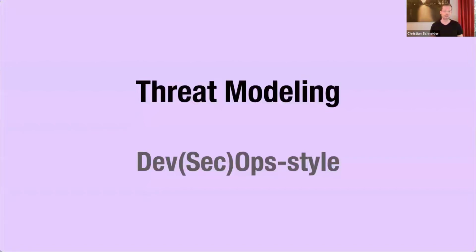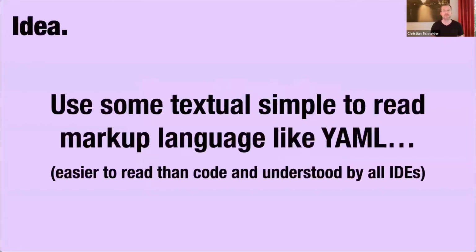So how can threat modeling now be part of DevSecOps environments, having something like threat models as code? The idea was to have some kind of simple solution that combines those major benefits, but has as few of the drawbacks as necessary.